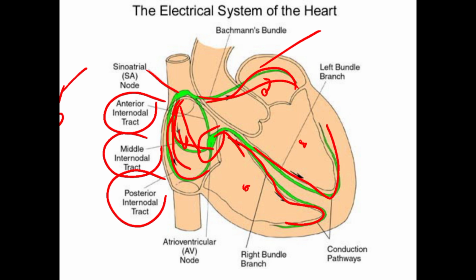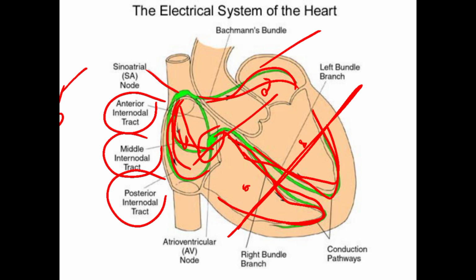The left bundle branch and the right bundle branch: the right bundle branch goes to the right ventricle to excite it, and the left branch excites the left ventricle. After atrial excitation, these impulses excite the ventricular muscle.